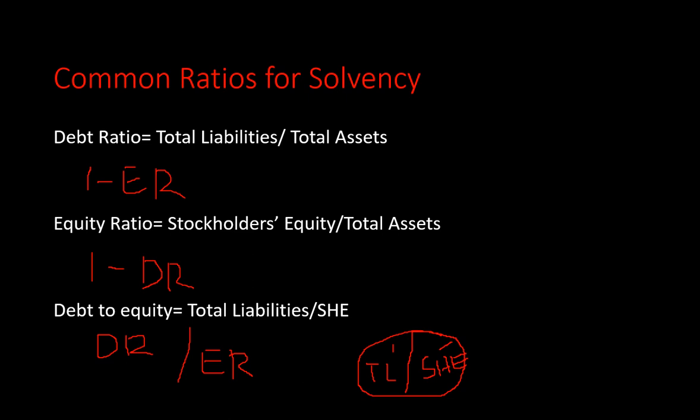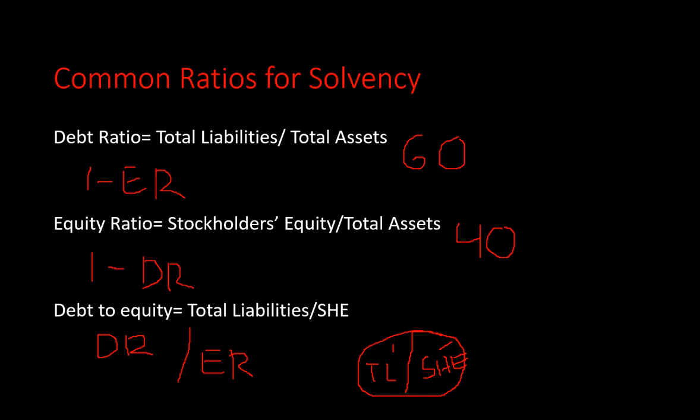What do I mean? For example, your debt ratio is 60%. Automatically, this one is 40%. We already know what will happen to the other ratio by simply analyzing one of the ratios.